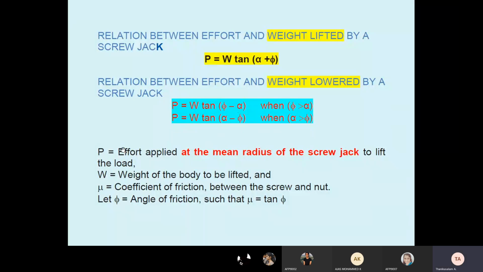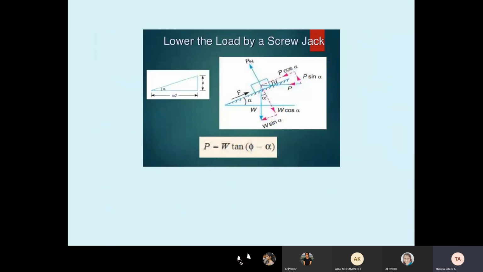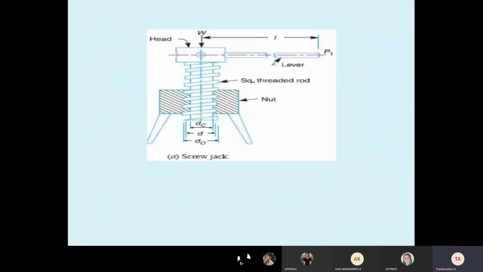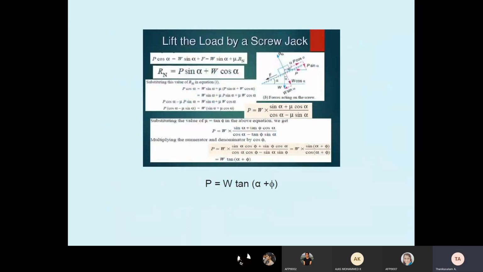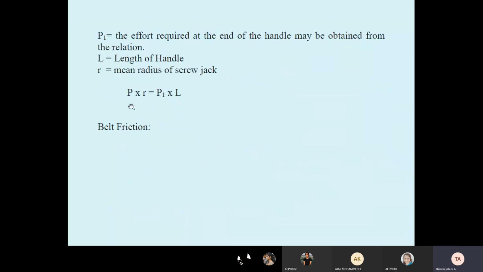Then I want the load at the end of the lever. I apply P1, the load at the end of the lever. P means applied at the mean radius of the square thread, but P1 we apply on the lever. Therefore, how do you find P1? You apply this equation: P into R equal to P1 into L. That is the relation. P1 means effort required at the end of the handle.